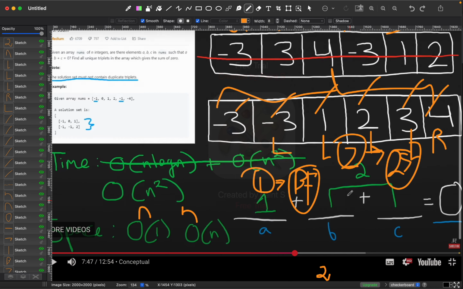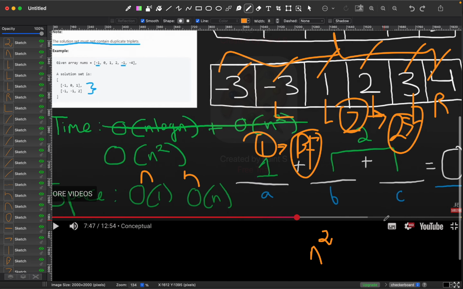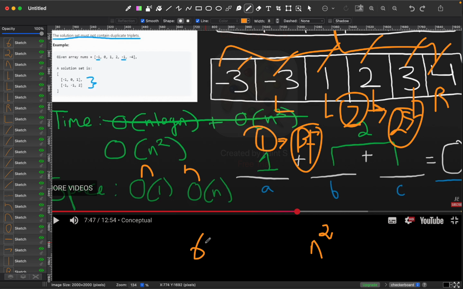Because if it's n squared, it means that if here has 1 2 3 4 5 6 elements, it's not going to be 6n, in the sense that your L pattern just needs to go one time, one wave, and that's it, which is n.